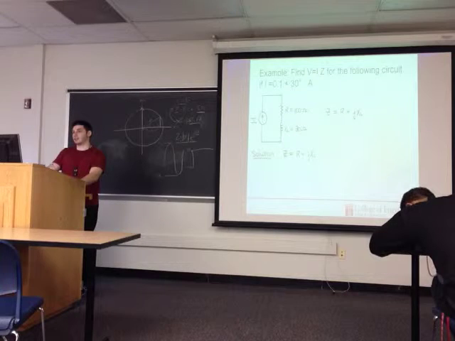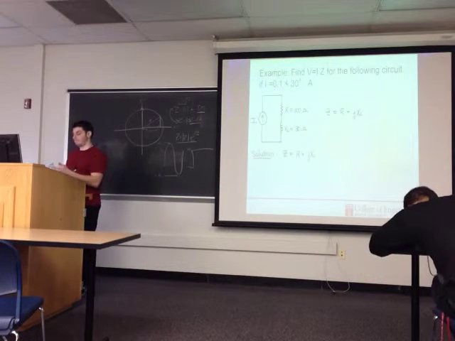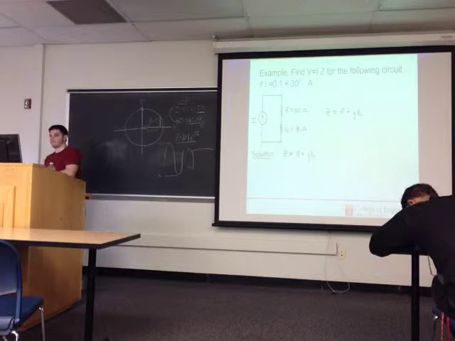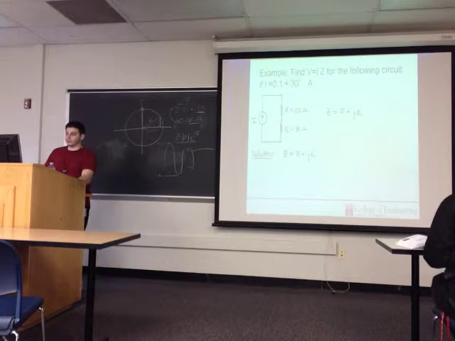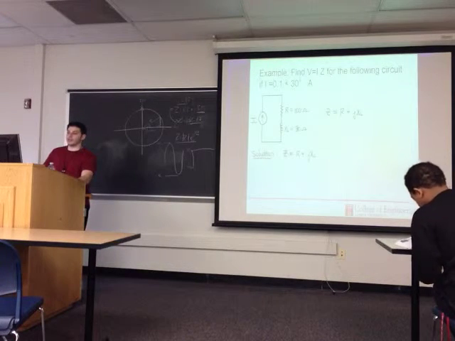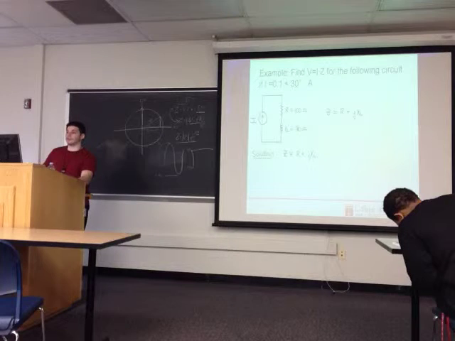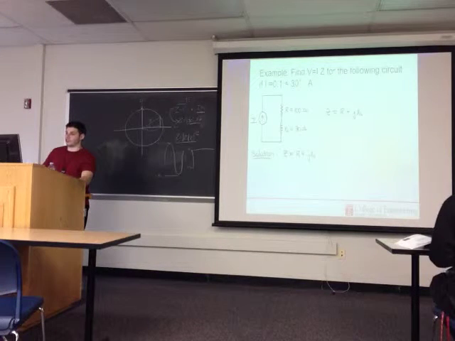Yes. So the solution is 100 plus j30. That's what Z is, because we're given the resistance and the impedance across the inductor.